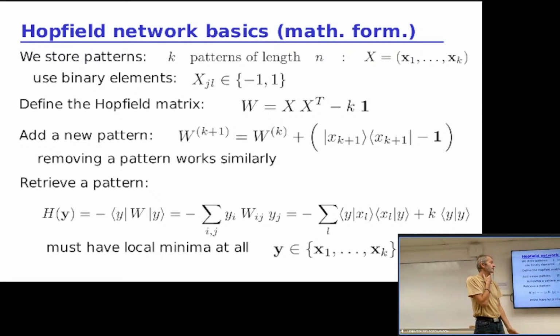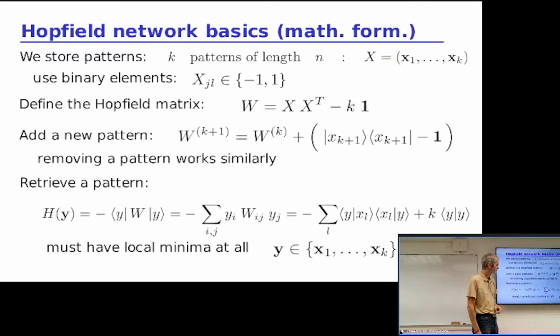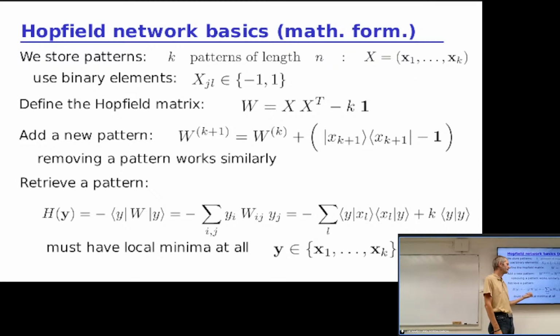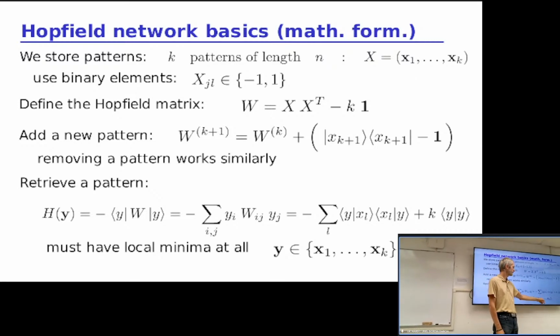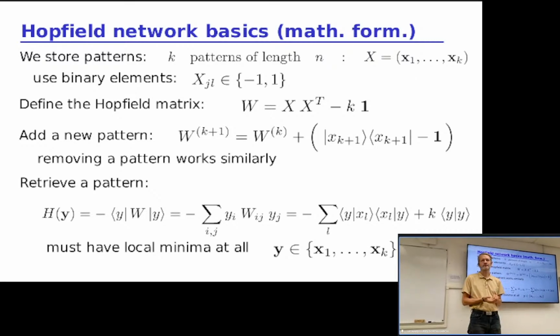But what you can find is that if you build this function, a quadratic form of the W matrix, it will have local minima at all the positions of the patterns.